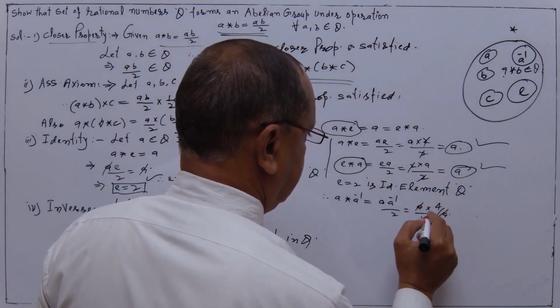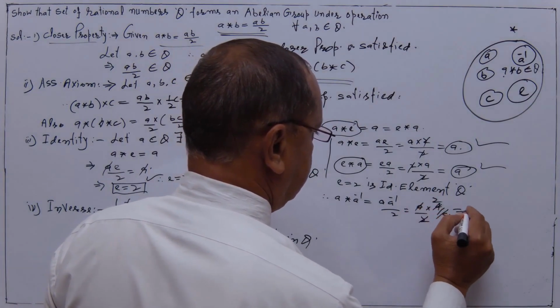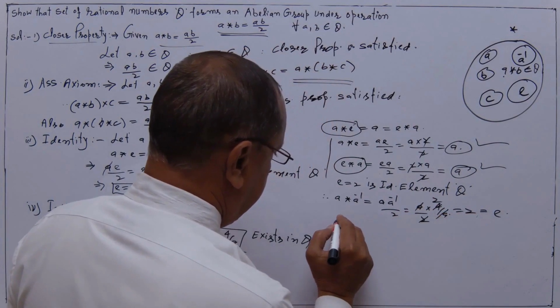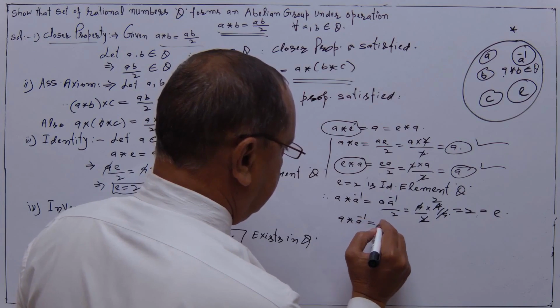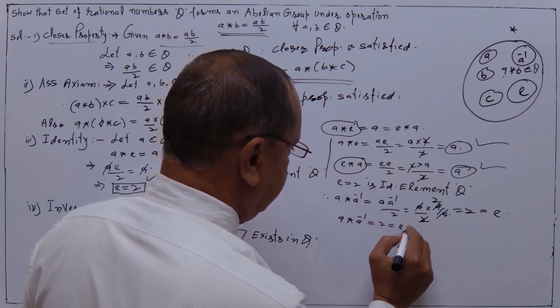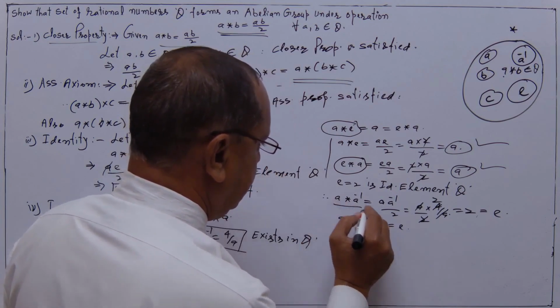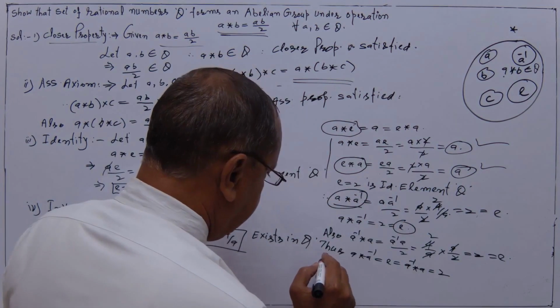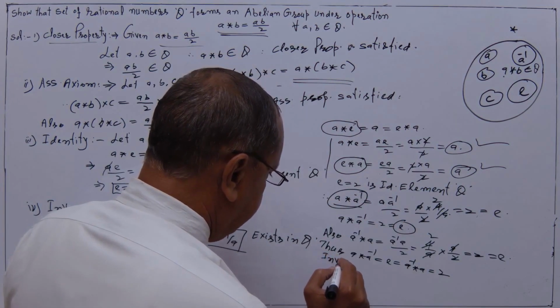A and A cancel, 2 into 2 is 4. It is 2 and which is equal to E. It means A star A inverse is equal to 2 and this is equal to E. Its value is E. Inverse axiom is satisfied.